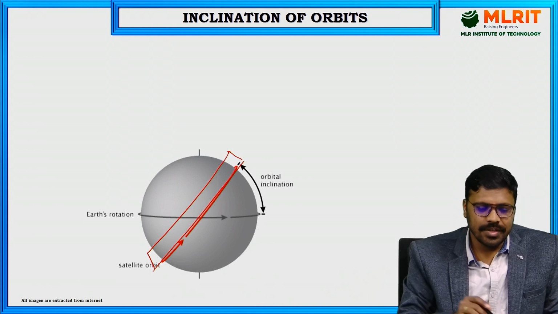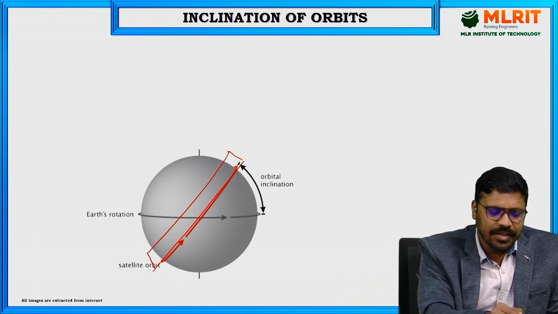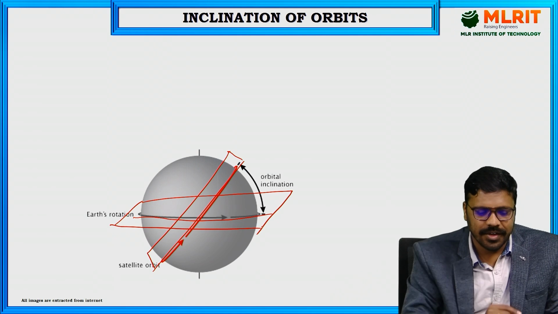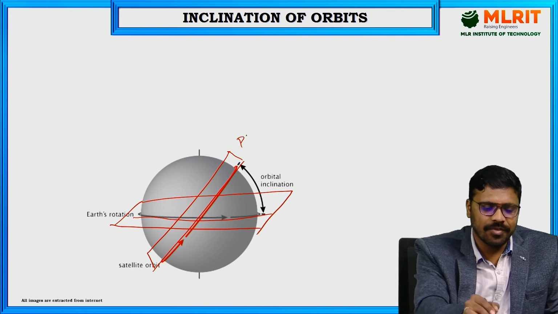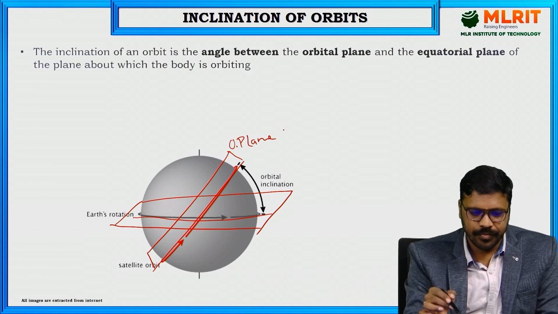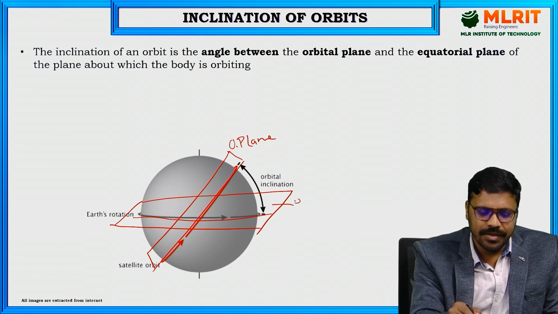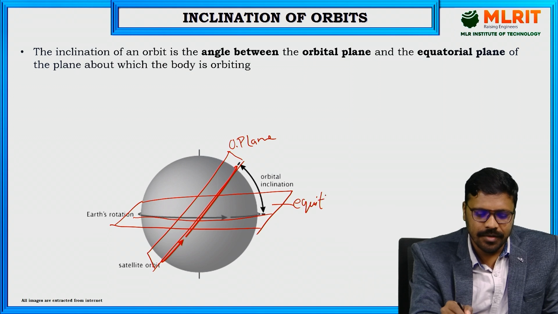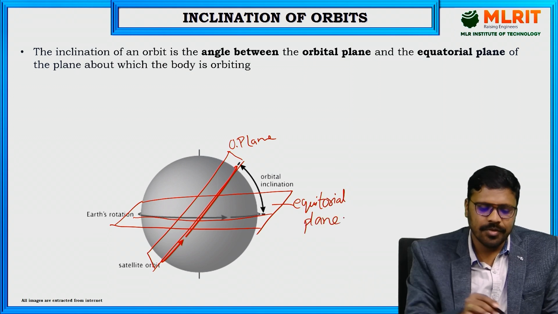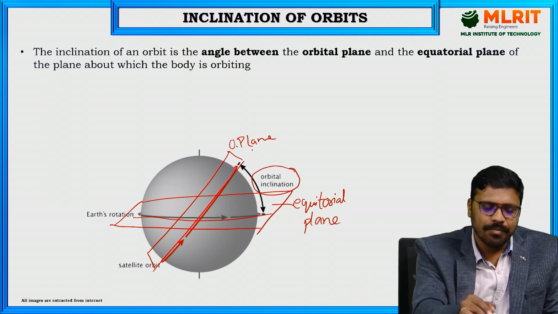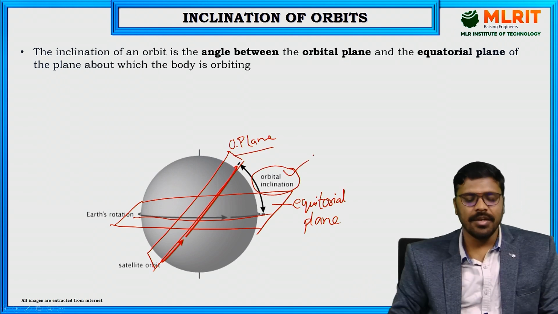So this is the orbital plane, and if I take the Earth, this is the equatorial plane, which is passing through the equator. So whatever the angle between this orbital plane and the equatorial plane is called orbital inclination.